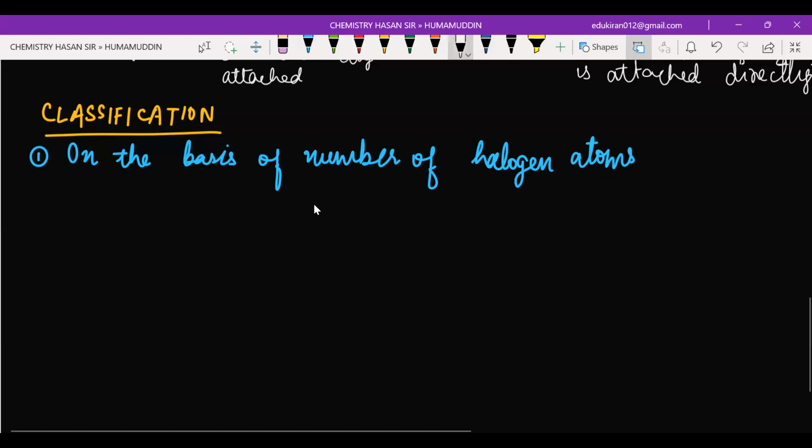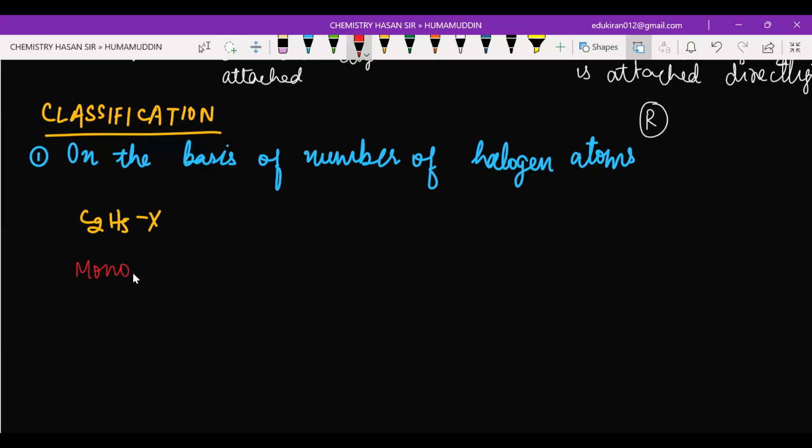If there is two halogen atom, so as I told you, R is basically alkyl group, and for alkyl group I'm going to consider here in the first two carbons, so C2H5X, only one X is there, so we can write mono halo, that represents only one halogen, so mono halo alkane. For the second one, you can see CH2X and then again CH2X.